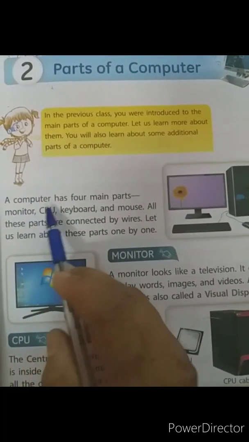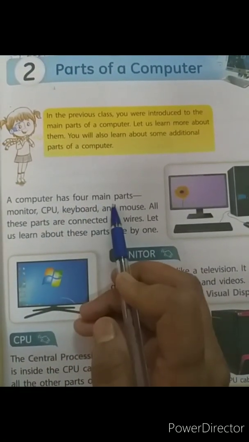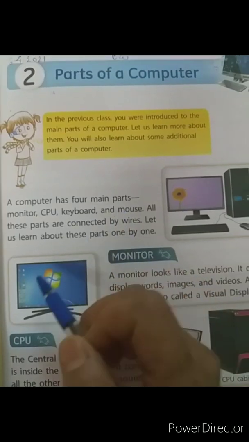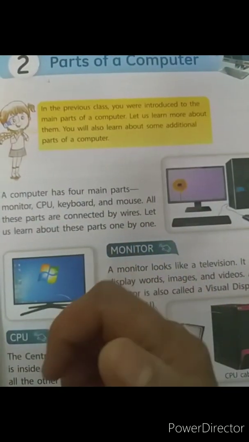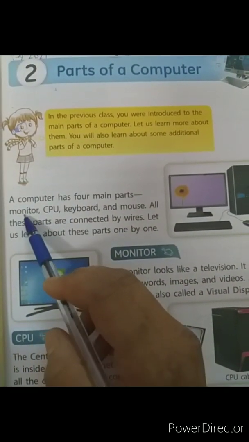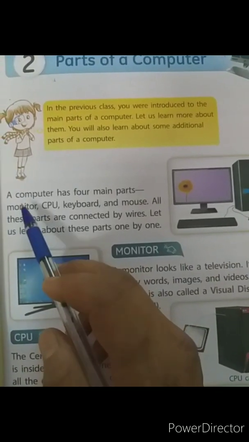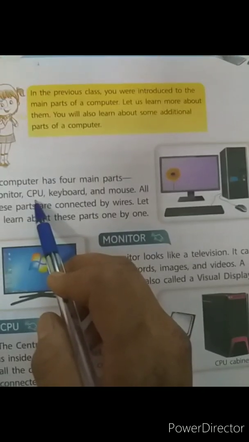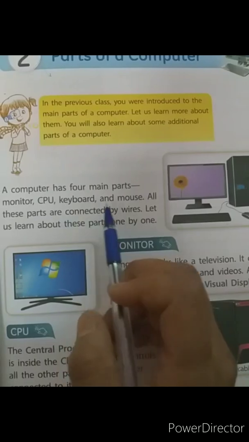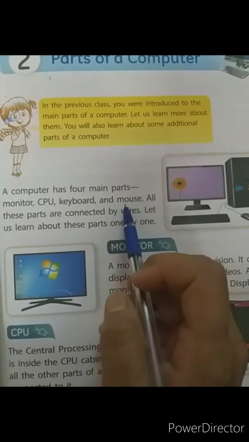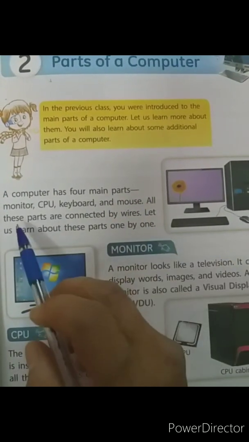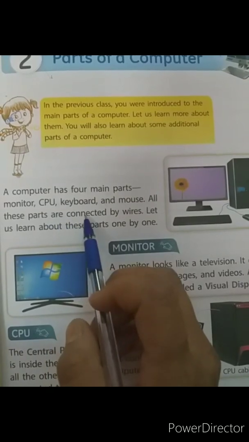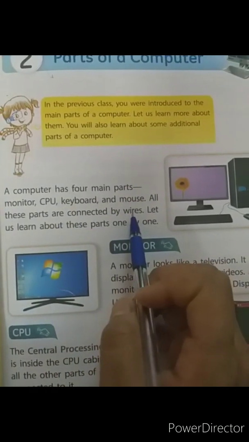A computer has 4 main parts. How many parts? It's 4 main parts of a computer: monitor, CPU, keyboard and mouse. All these parts are connected by wire.